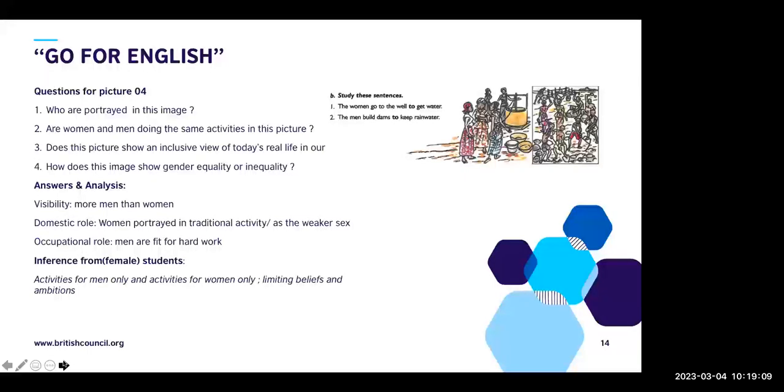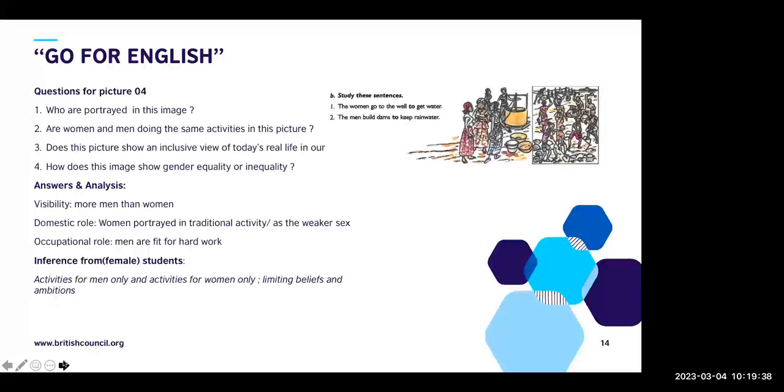Okay, there are more men than women. Domestic role, women are portrayed in traditional activities and they are regarded as the weaker sex. In terms of occupational role, men are fit for hard work. And this can lead to the conclusion that there are activities for men only and activities for women only. And these are limiting beliefs and ambition as far as we understand, okay, for women.